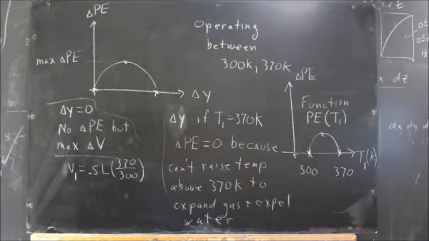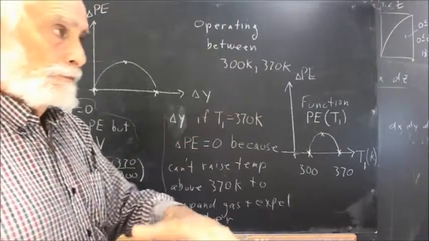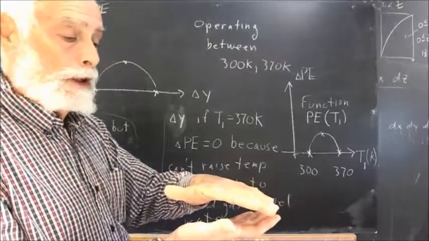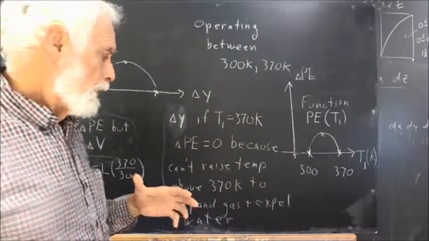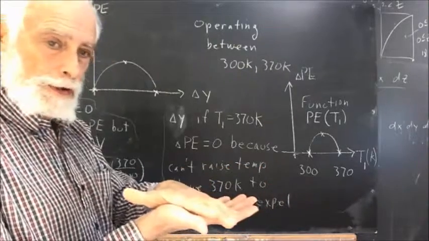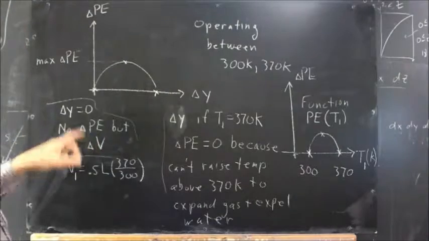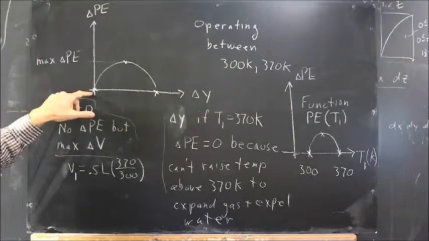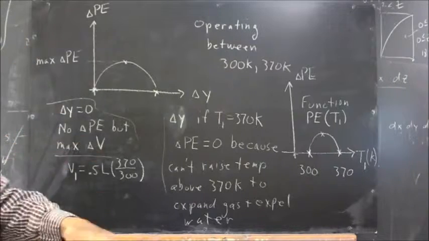Okay, so let's think about this for a minute. If we raise the water just very little, we're not going to get very much potential energy increase. If we don't raise the water at all, we won't get any potential energy increase. So if we raise the water to height 0, we get 0 potential energy increase because we're not raising anything.